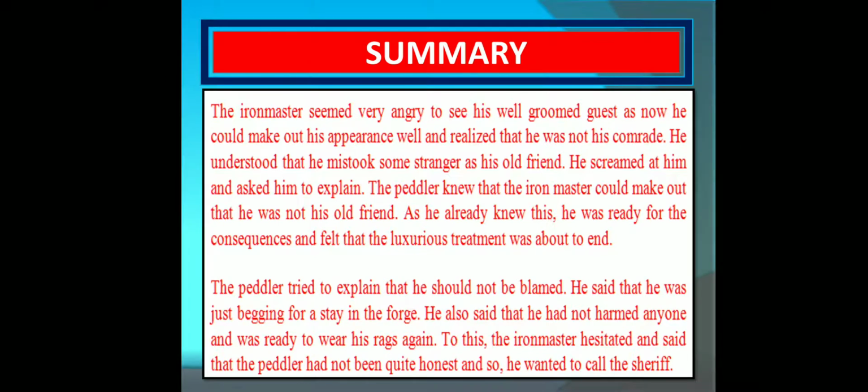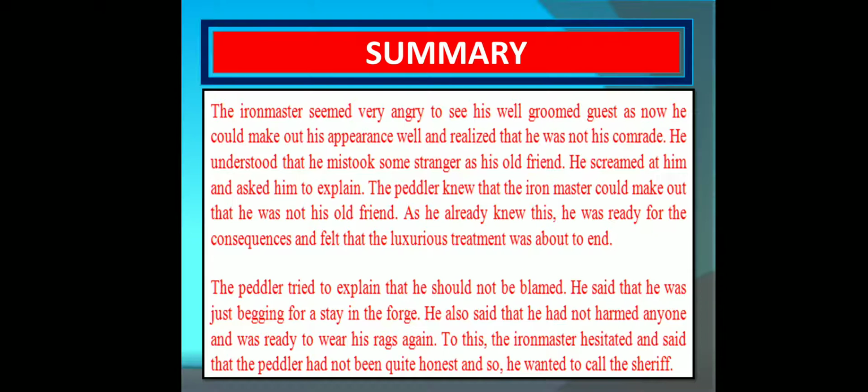The ironmaster seemed very angry to see his well groomed guest, as now he could make out his appearance well and realized that he was not his comrade. He understood that he had mistaken some stranger for his old friend. He screamed at him and asked him to explain.